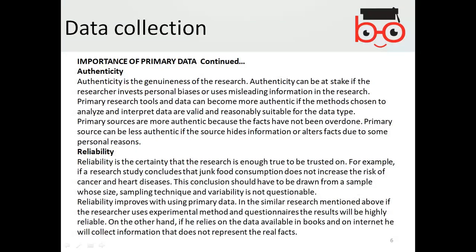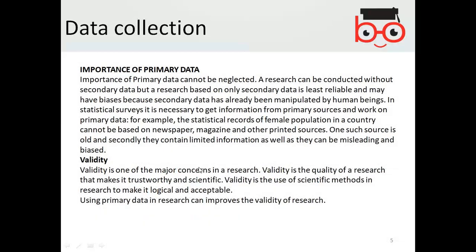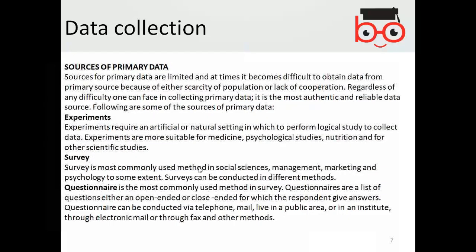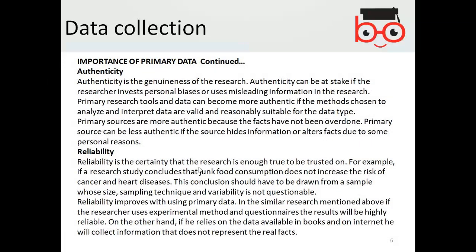Primary data gives you much more reliability, authenticity, and validity. That's why you should consider using primary data, and obviously, in order to deal with primary data, you should do your research genuinely by yourself.